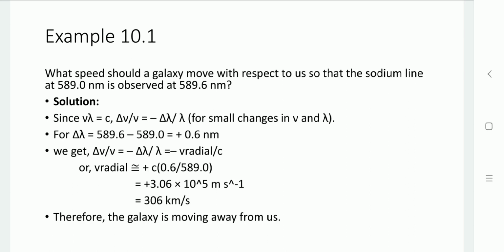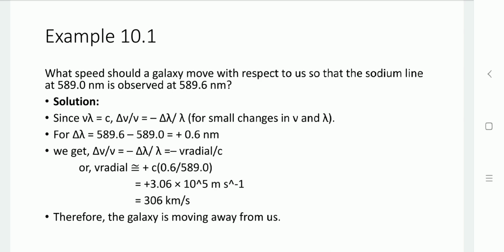So the change in frequency, delta v by v, equal to minus delta lambda by lambda, is equal to minus v radial by c. So this v radial we need to determine, so that is equal to c into delta lambda by lambda.